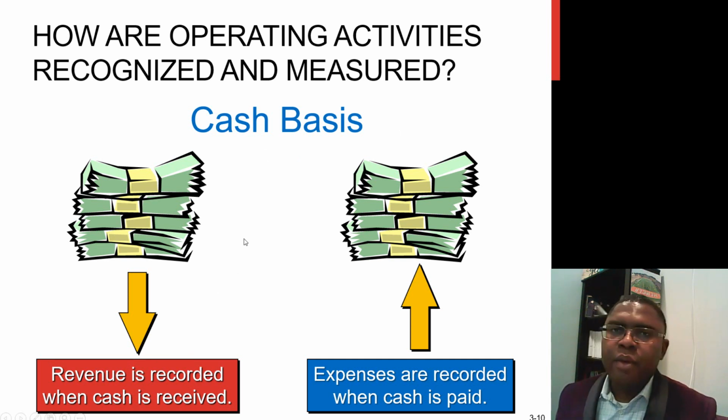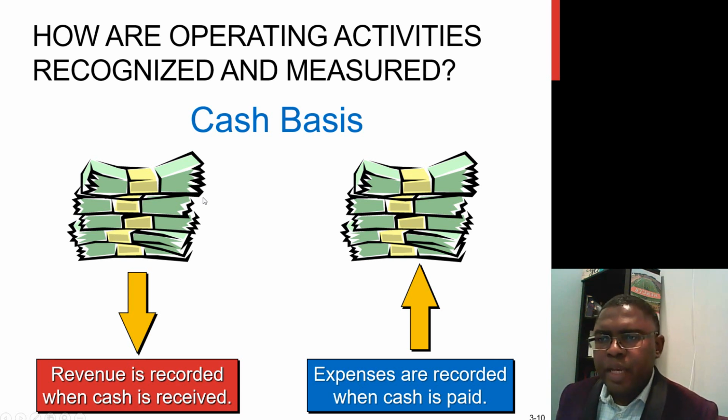So we will say we have this amount of revenue based on how much cash we have received. That is the cash basis. And at the same time, expenses are recorded when cash is paid. We will say there are expenses when cash is leaving the business in payment for goods or services. So that is the cash basis of recognizing revenue and expenses.